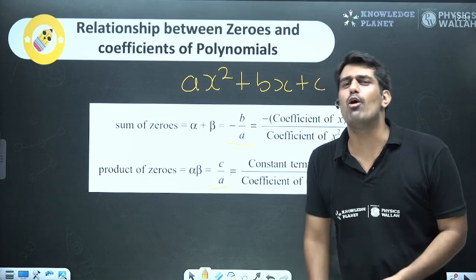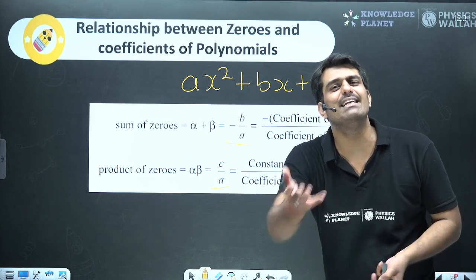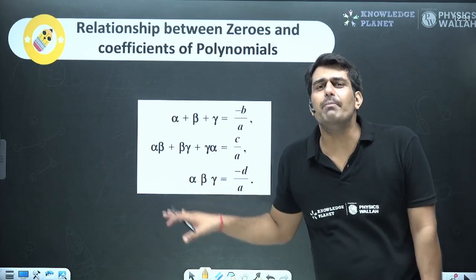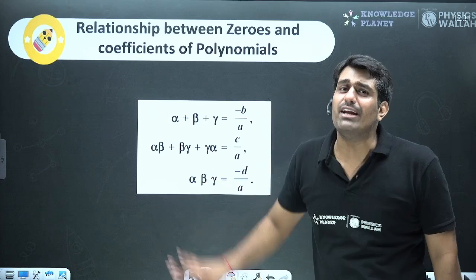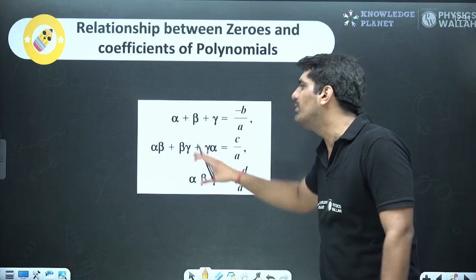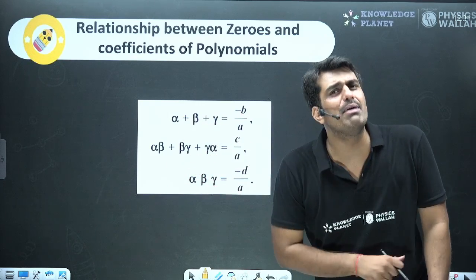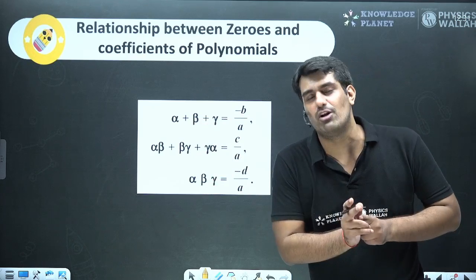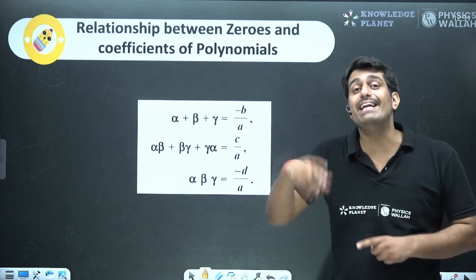But before that, I want to give some extra information. You can take it as a fun fact. This will not be used at this grade, to be very honest, but you can note it down because this is also a relation between alpha, beta and gamma. What is gamma, sir? Gamma comes when we are dealing with a cubic polynomial, where the degree is 3.